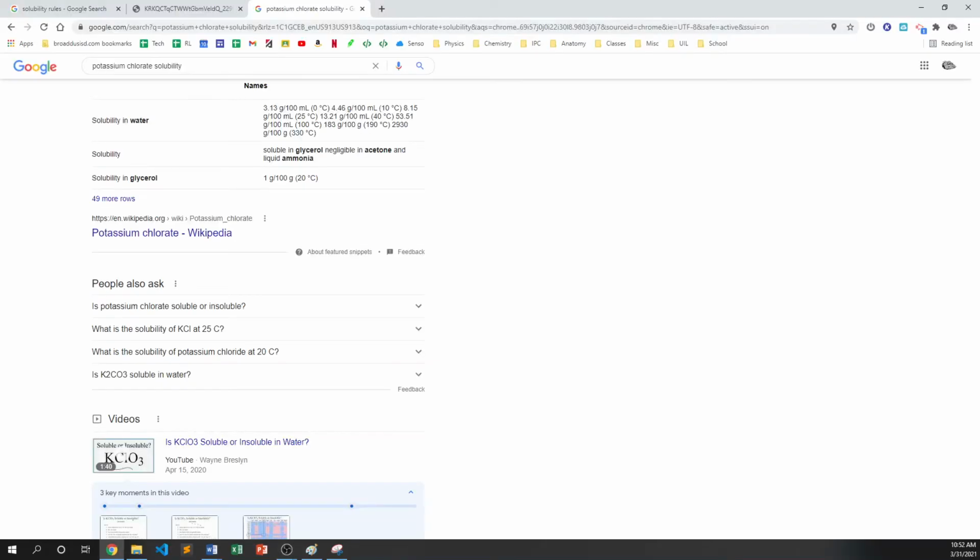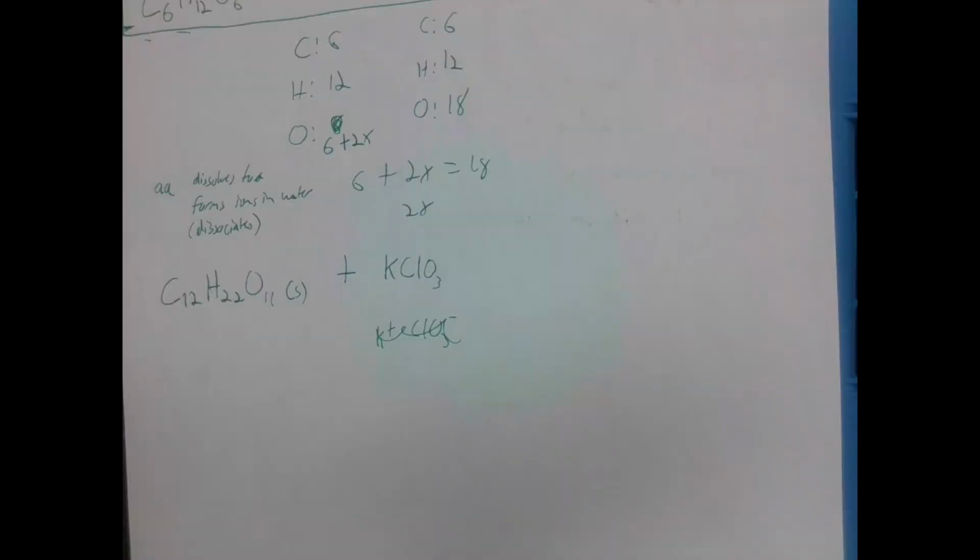Looking at my overall cheat sheet for this thing, which I just closed. They put it as a solid, but it's not a solid.